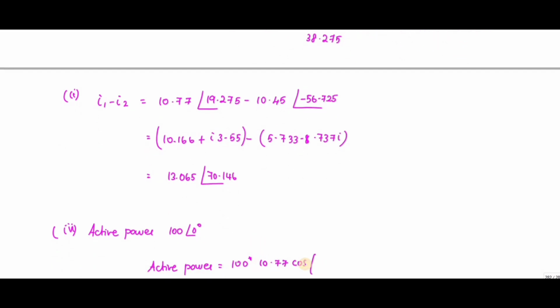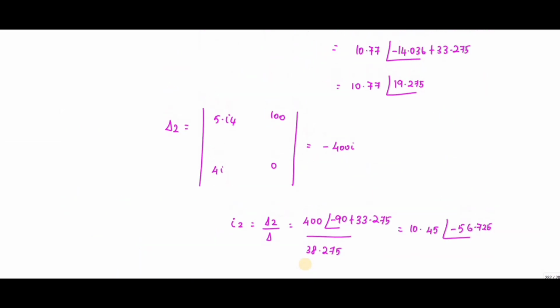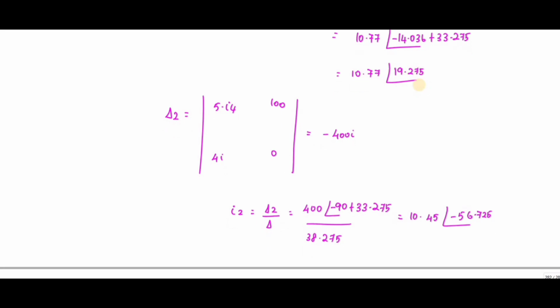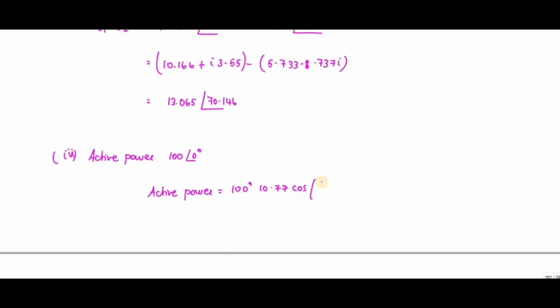10.77 cos of this value. So V by I: V is 0 and I value is minus 19.275. So cos of a minus value is positive only.